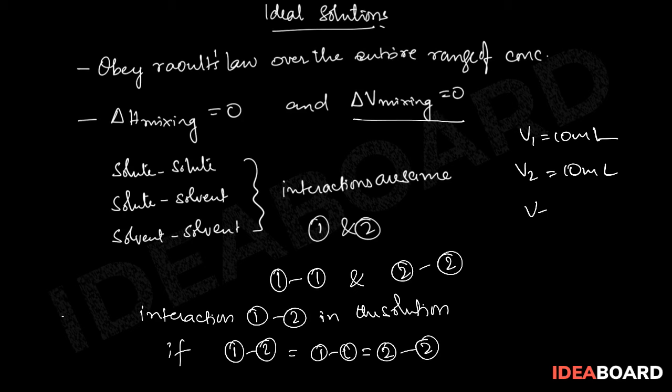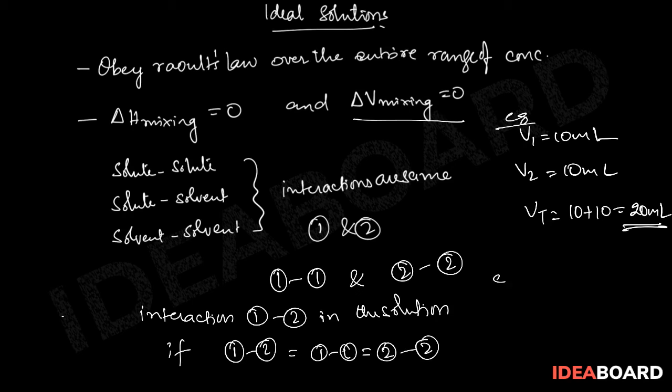If total volume is 10 plus 10 is equal to 20 ml, that means it is an ideal solution. So this is an example. In case the volume is either more than 20 or less than 20, then it is not going to be an ideal solution. So these are some of the important features of ideal solution.